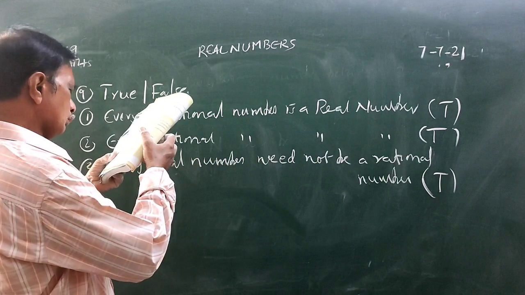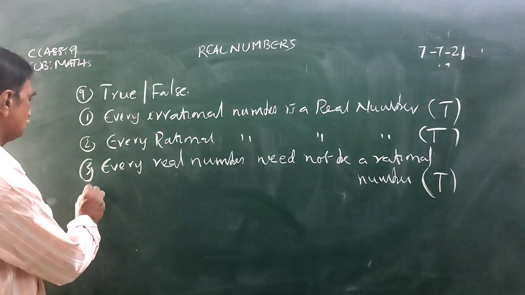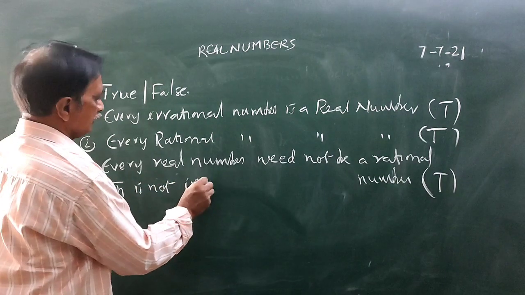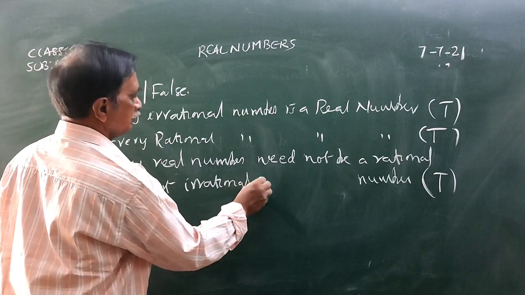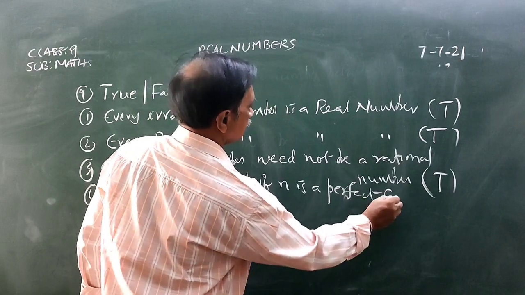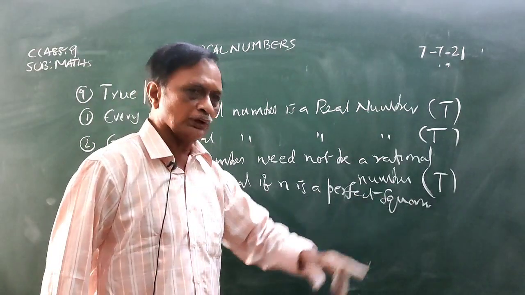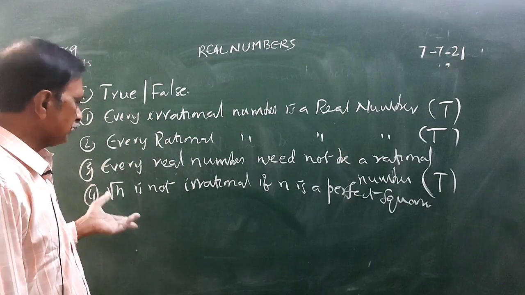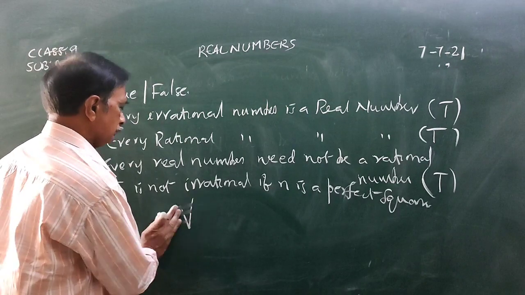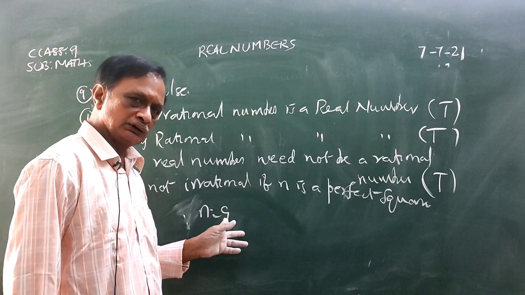Fourth one. Root n is not irrational if n is a perfect square. So what is our definition? If n is a perfect square, root n is not an irrational number. Take n equal to 9. Is 9 a perfect square? Yes.